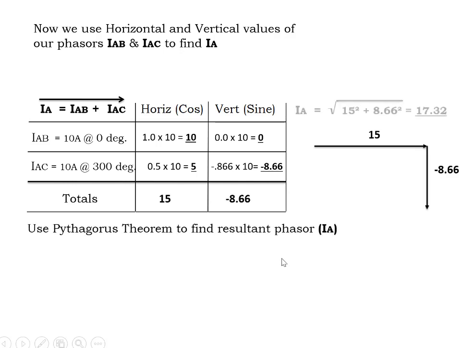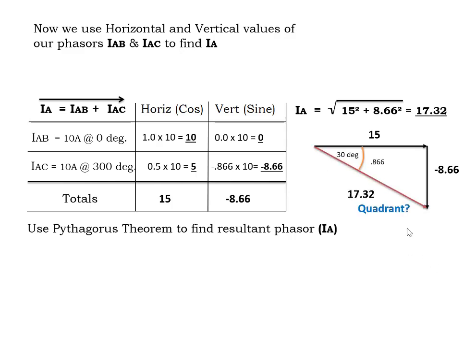And we use Pythagoras' theorem to find the line current. So it is the square root of 15 squared plus 8.66 squared. 17.32 amps is the line current A, and the line current will be 30 degrees away from the phase current on our phasor diagram.